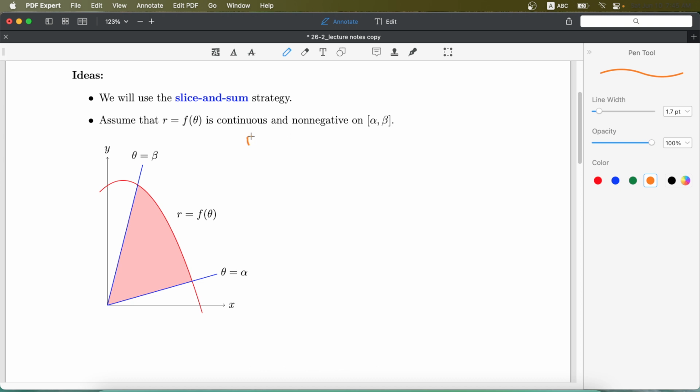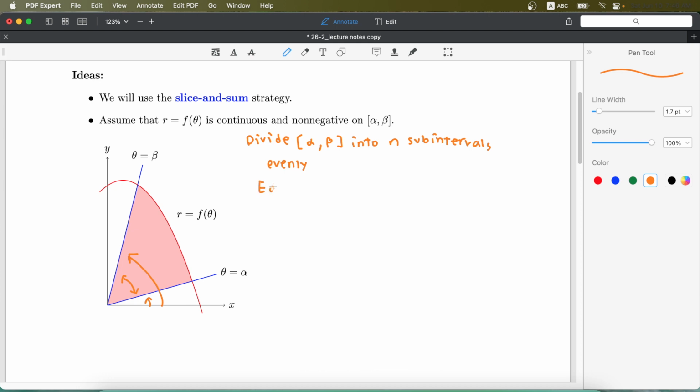We want to divide this interval from angle alpha to angle beta, that means from here to here, into n subintervals evenly.